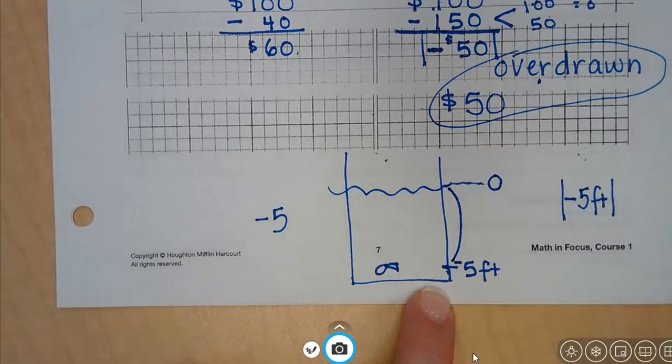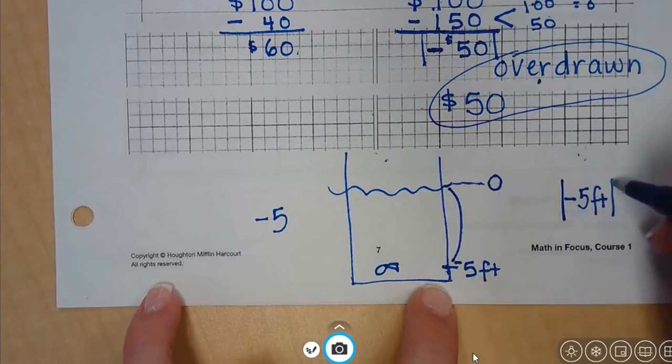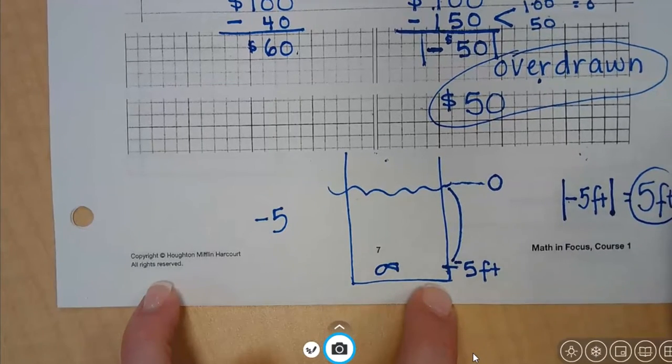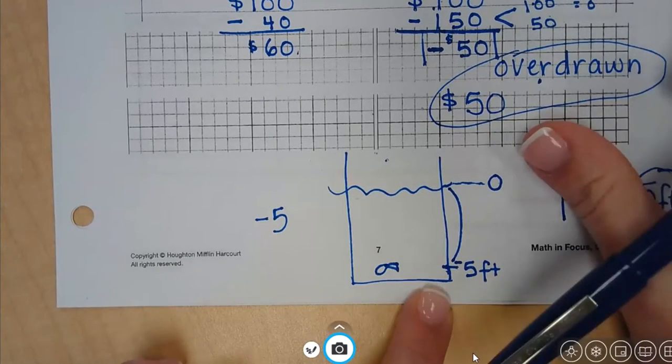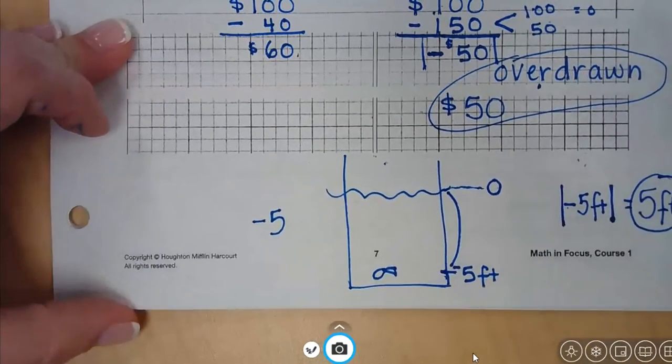And remember, the distance to 0 is absolute value. So negative 5, the absolute value of that is 5 feet. So you would write your answer as 5 feet. Okay, so it's a basic review of absolute value.